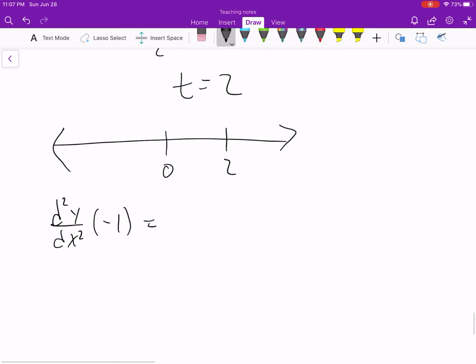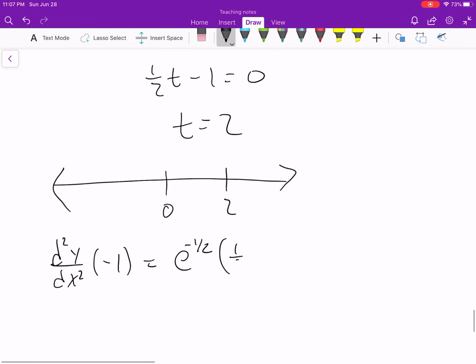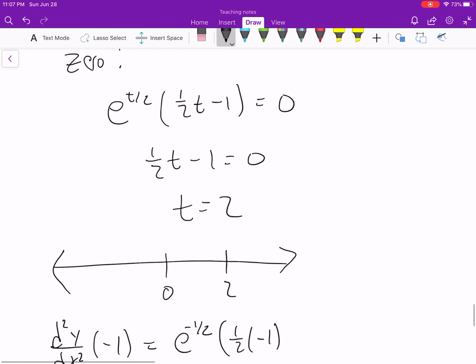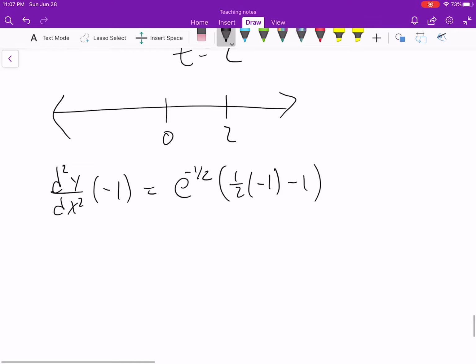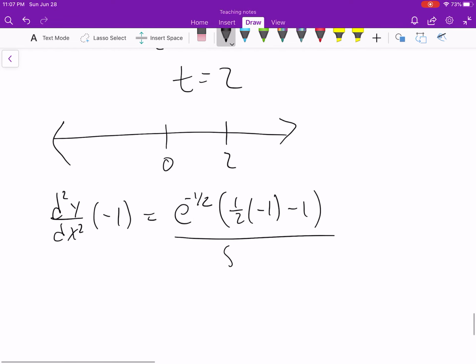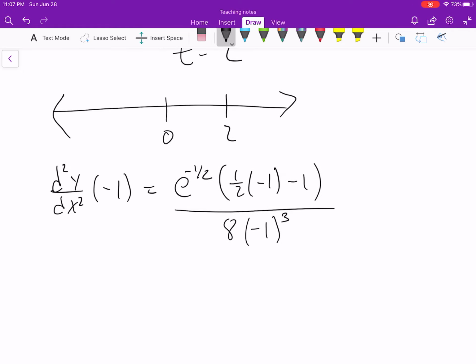So this is going to be e to the -1 over 2 times 1/2 times -1 minus 1, over 2t cubed, which I'm going to make 8 times -1 cubed. 2 became an 8 because 2 cubed is 8. And then the cube also goes on the t there, so it goes with a -1. Now you just need to figure out if this is positive or negative.